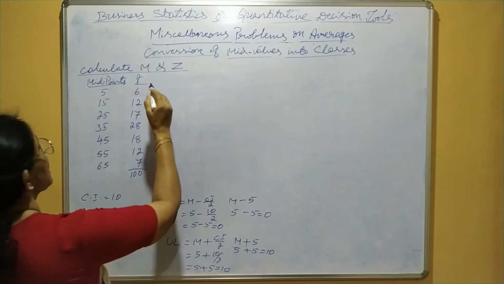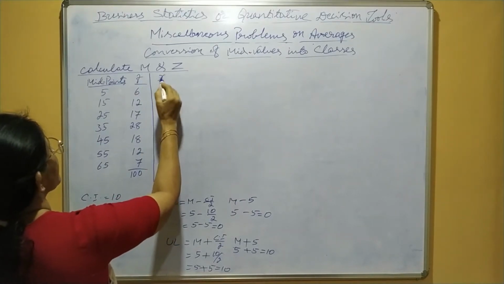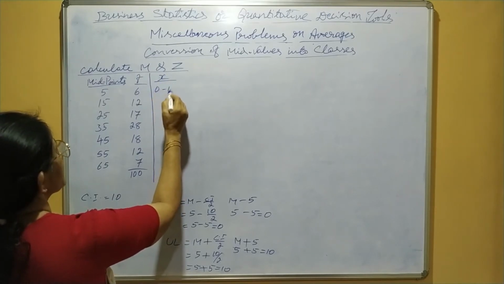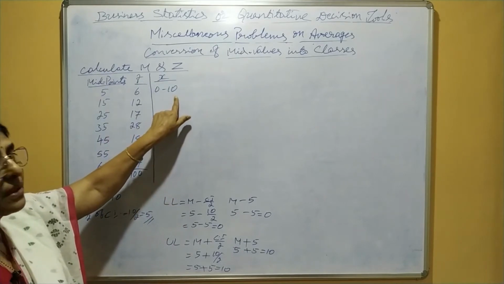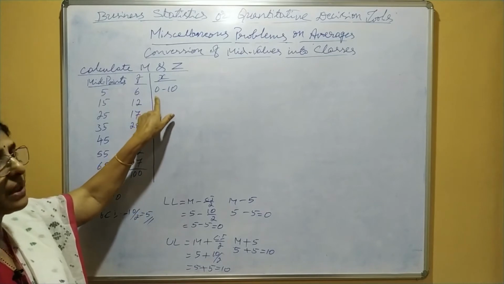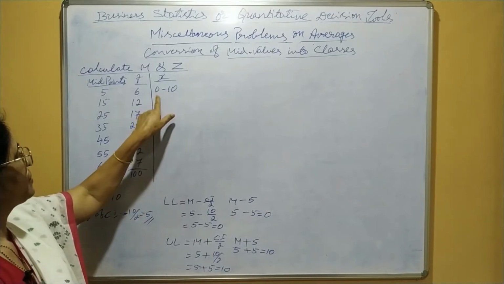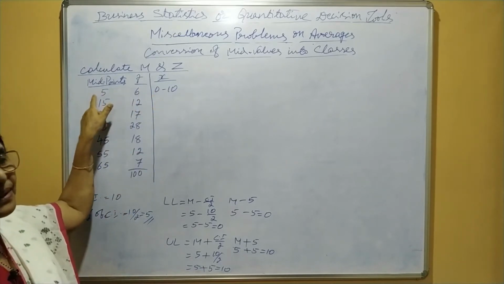Therefore the class is 0 to 10. Now check the midpoint. Midpoint or mid value equals upper limit plus lower limit divided by 2. Upper limit 10 plus 0 equals 10, divided by 2 is 5, isn't it?